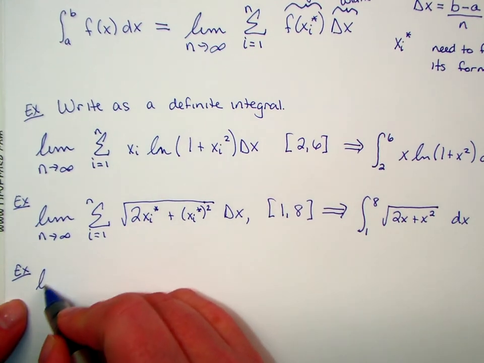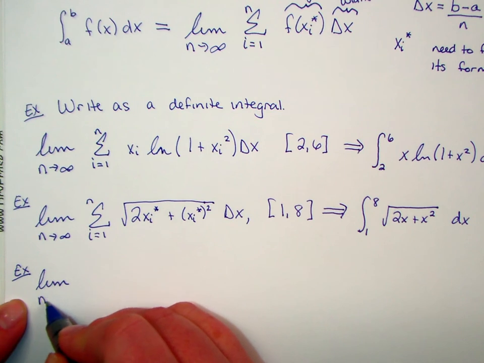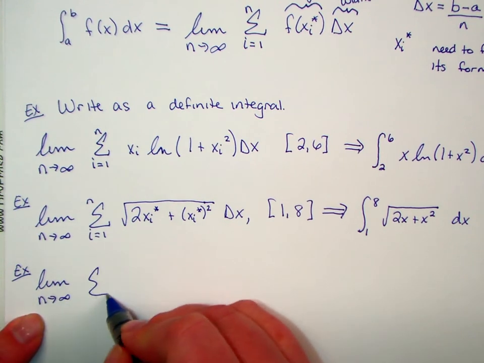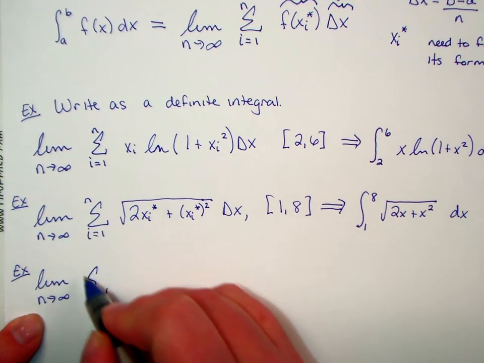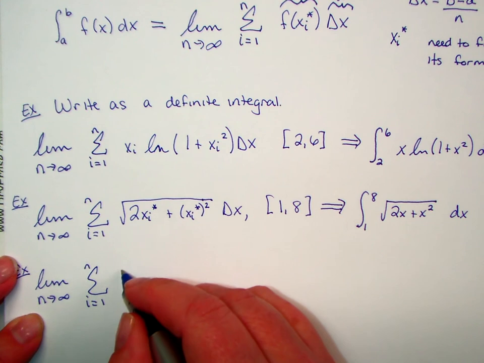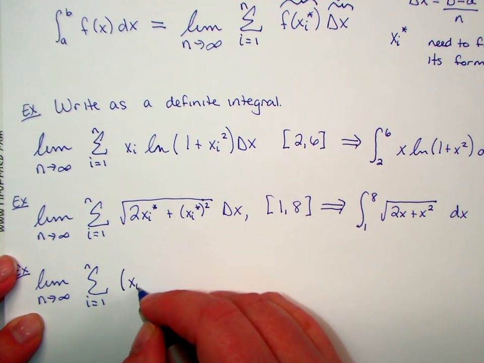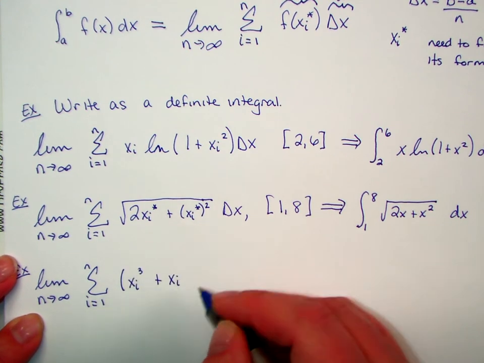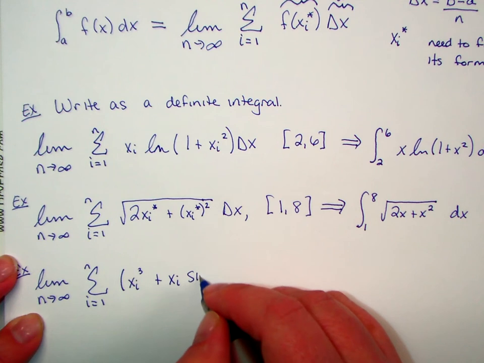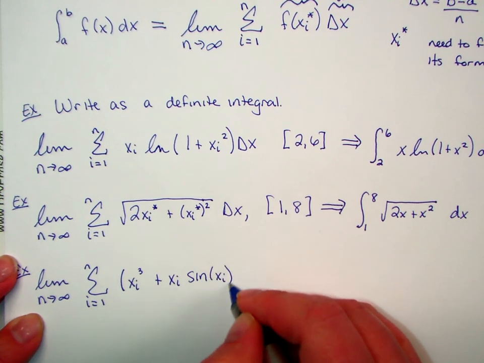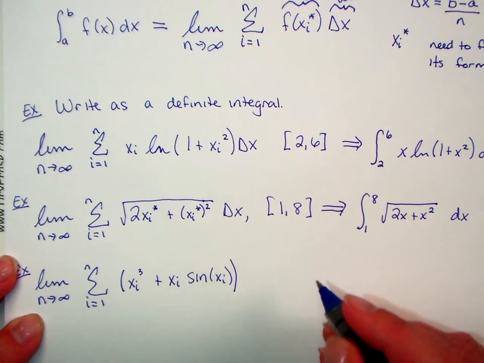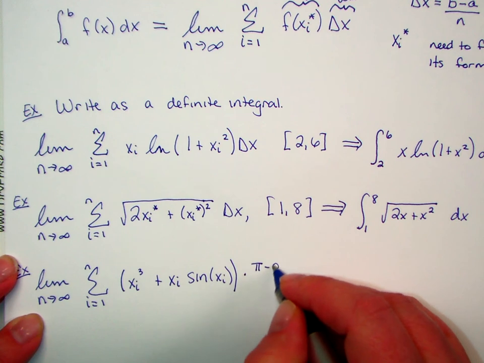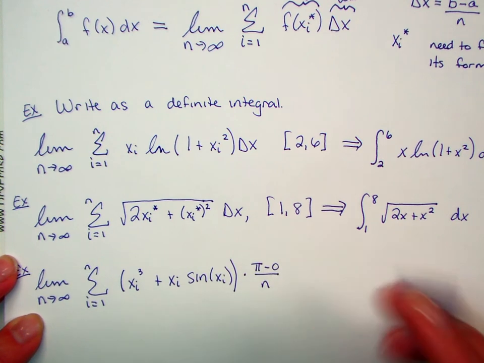So we're looking at the limit as n goes to infinity of the sum from i equals 1 to n of x sub i cubed plus x sub i sine x sub i, times pi minus 0 over n, right?